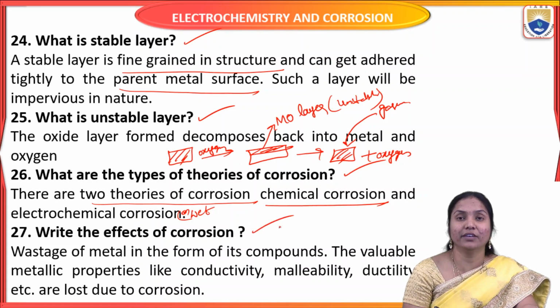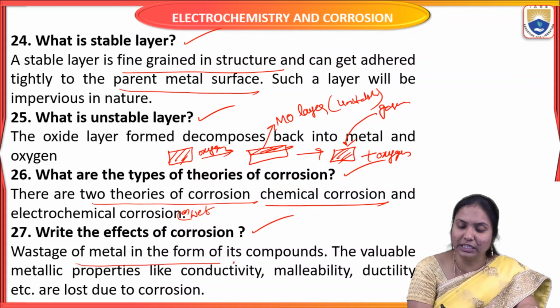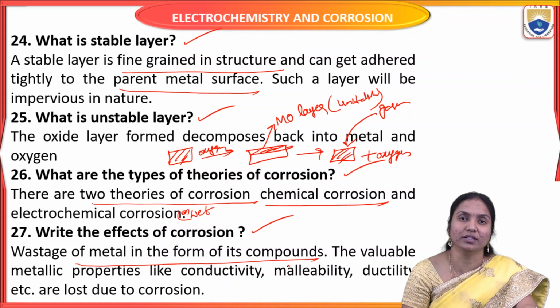Now write the effects of corrosion. What are the effects of corrosion? Corrosion means loss of metal, so there is wastage of metal in the form of its compounds.